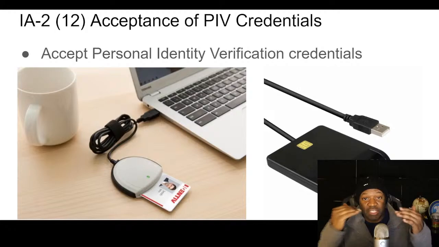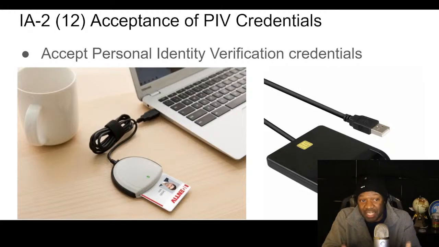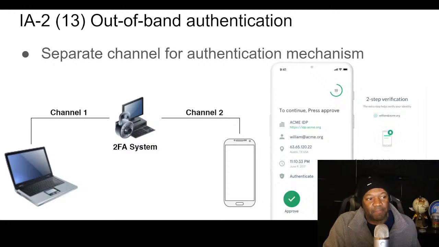So there are different controls for this particular thing. If your organization uses it, there are certain things you need to do to make sure it's secure. And then lastly is out-of-band authentication. This is using two different channels to do multi-factor authentication. An example of this is something all of us actually use: push notifications.